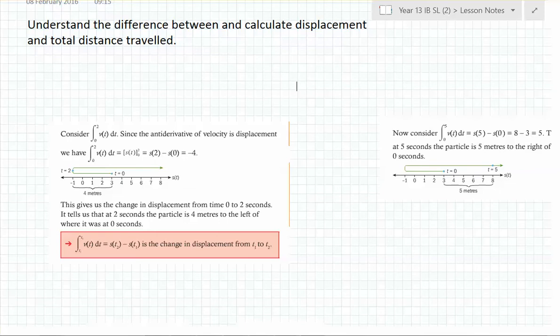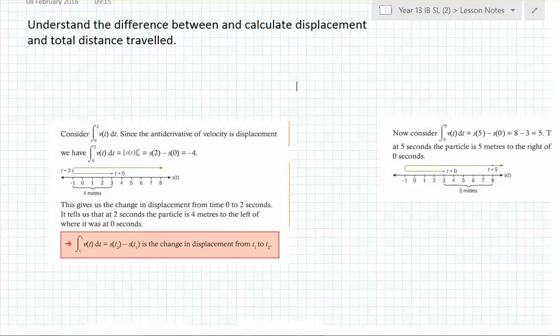Just like with differentiation, one of the biggest applications is displacement, speed and acceleration with respect to time. If you differentiate or integrate one of those variables with respect to time, you will get one of the others.